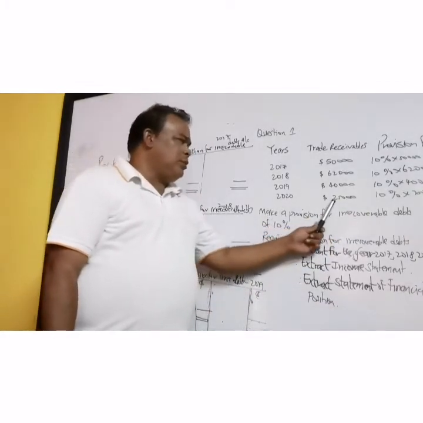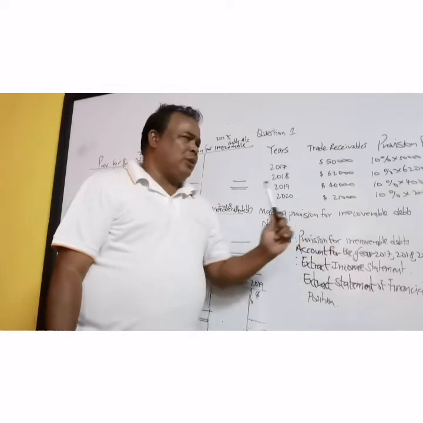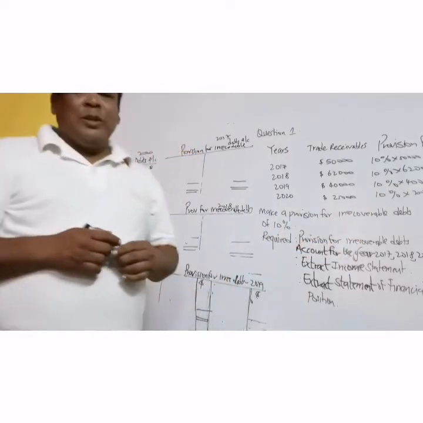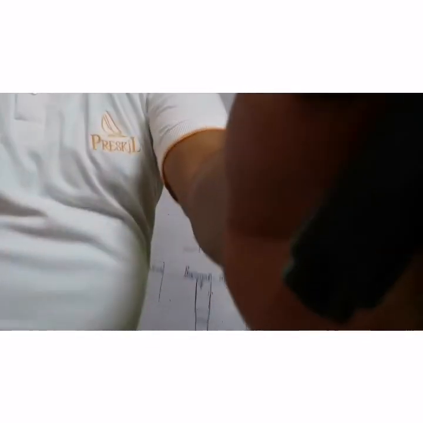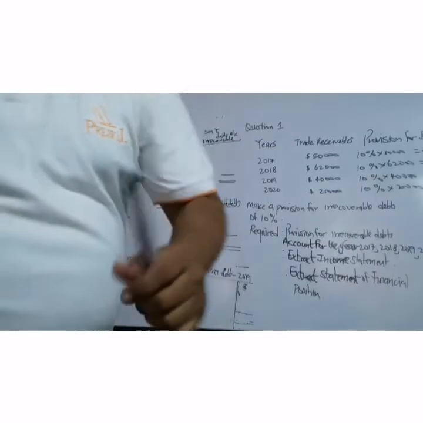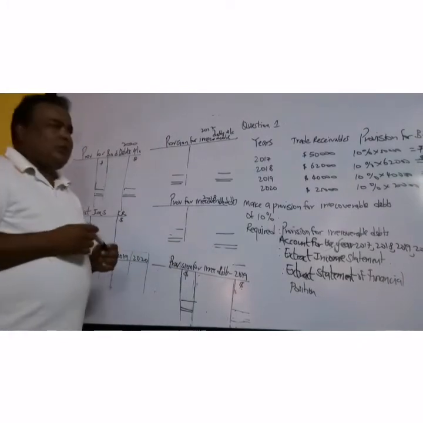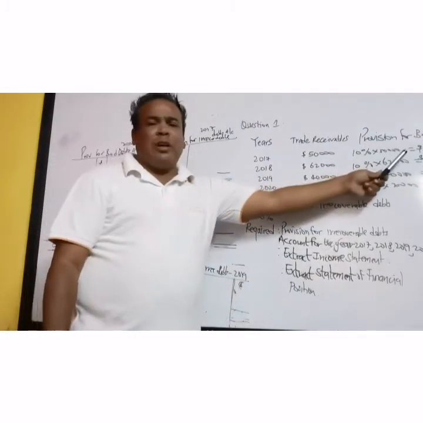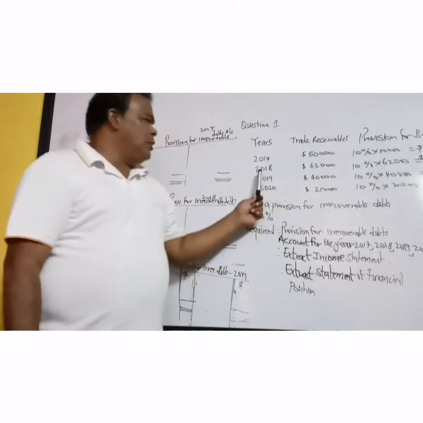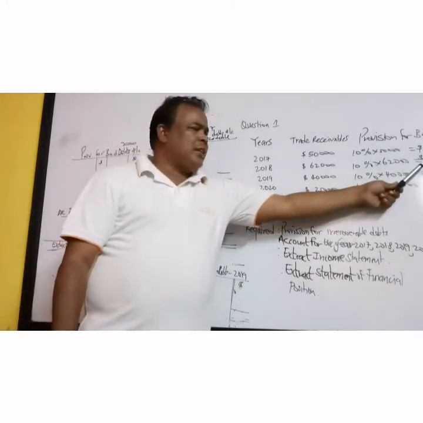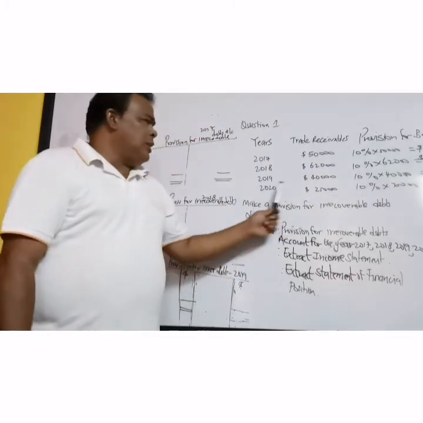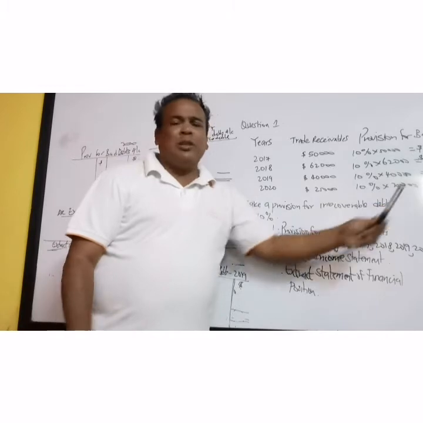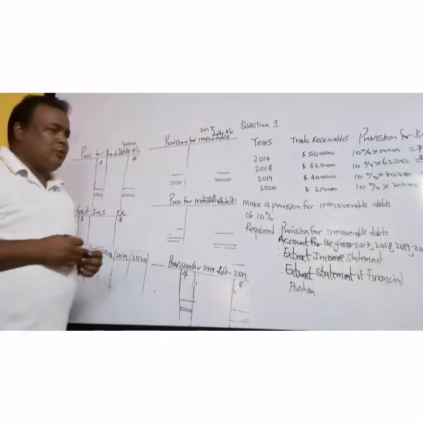And 2020, 25,000, 10% of 25,000, this will give us 2,500. So first of all, we have to calculate provision for doubtful debts for the different years. So for 2017, the provision is 5,000, 2018 provision 6,200, 2019 provision 4,000, and 2020 provision is 2,500.